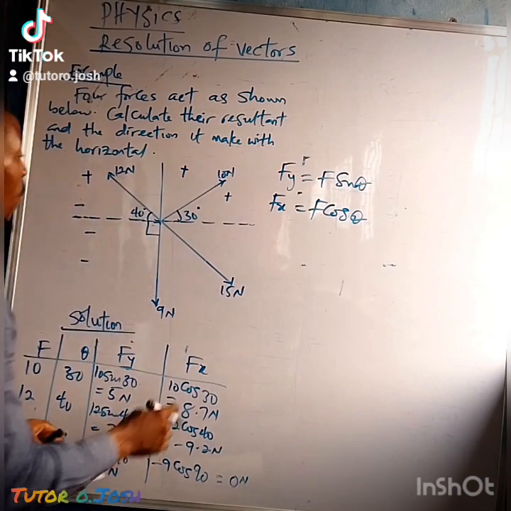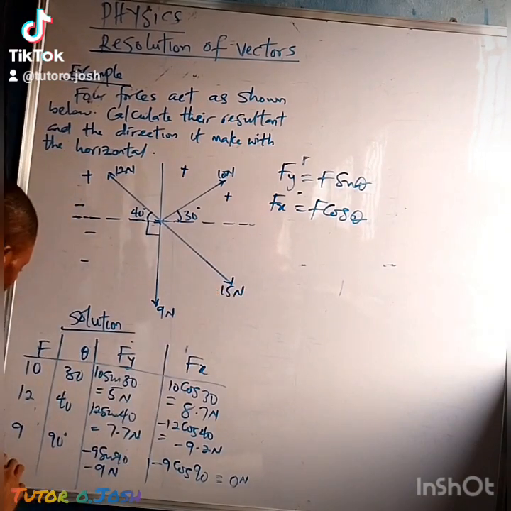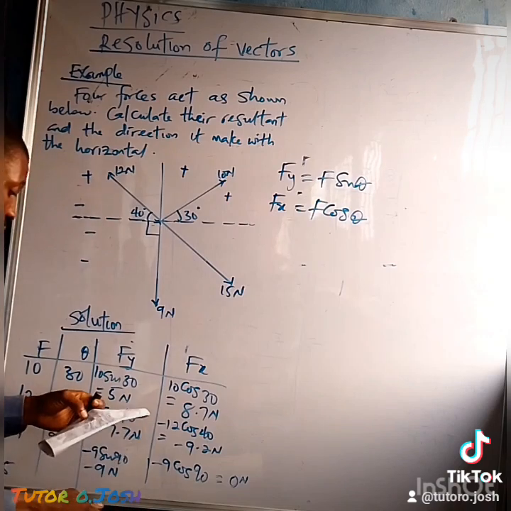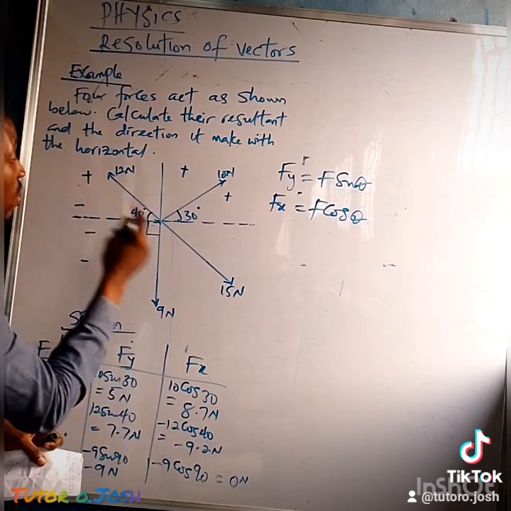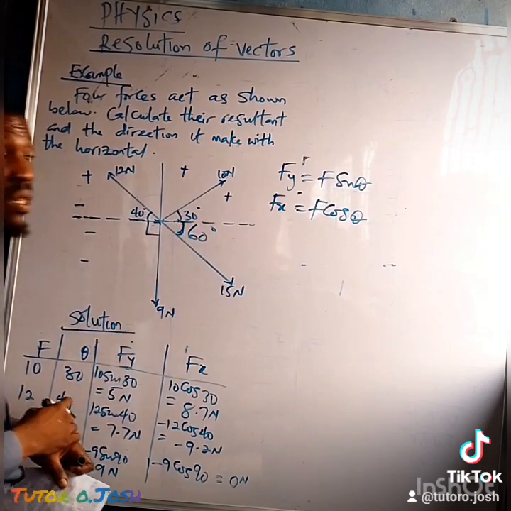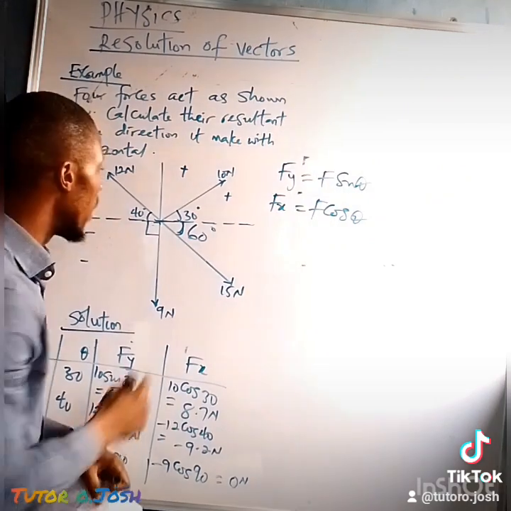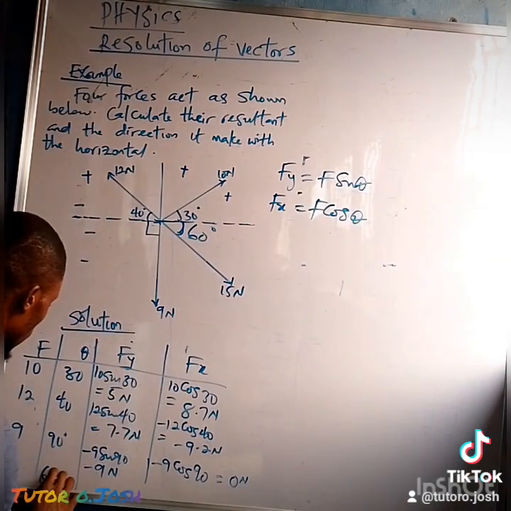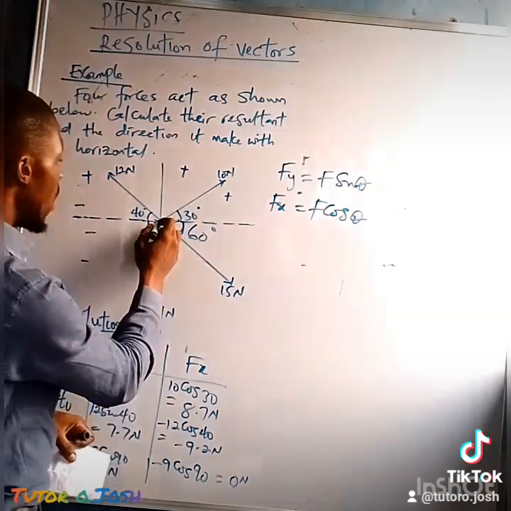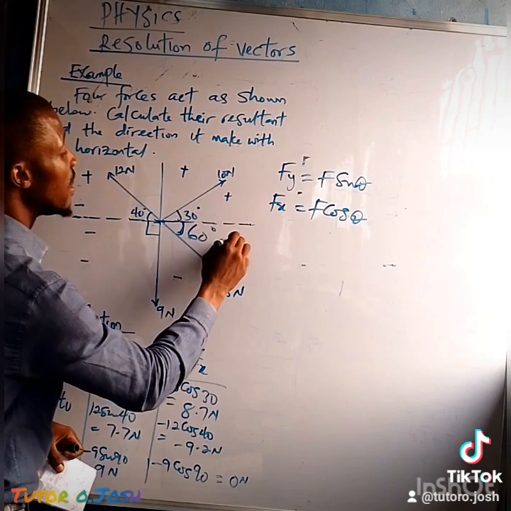Then we also have another force, which is the last force, 15 Newton. The angle the 15 Newton makes with the horizontal, we're given in the question to be 60 degrees. Then this is the angle it makes with the horizontal. Its vertical component in this quadrant is negative and its horizontal is positive.